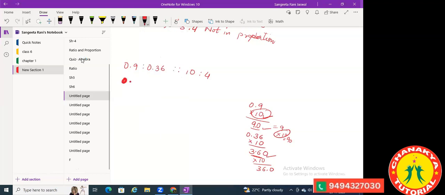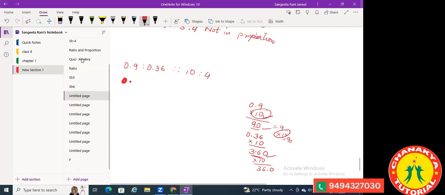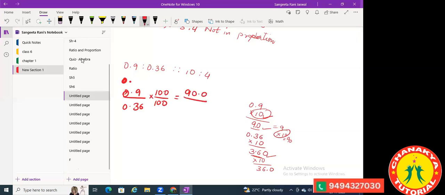This is 0.9 upon 0.36. If I'm multiplying this with 100, my decimal point is moving 2 places behind. Like this, and this is moving again 2 places behind. I'm getting 36. So this is how I get 90 by 36.